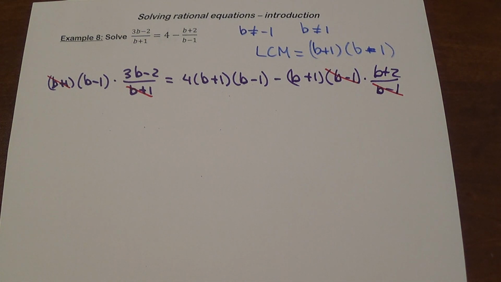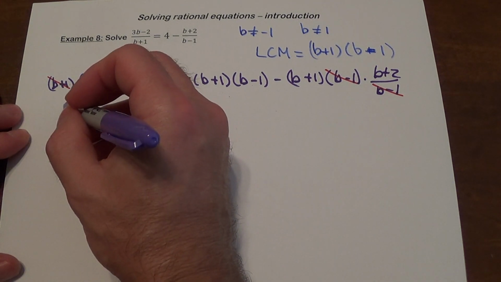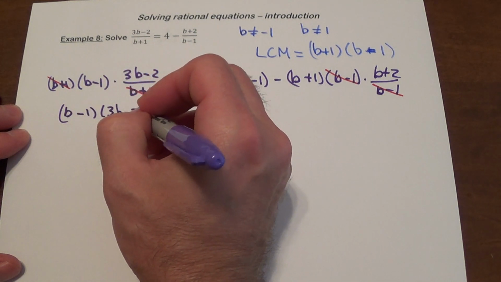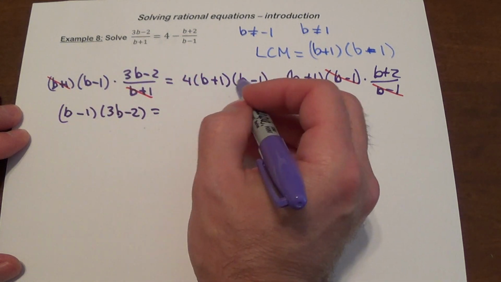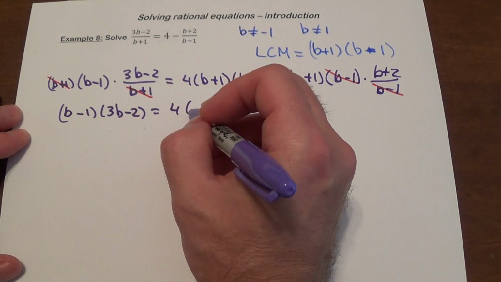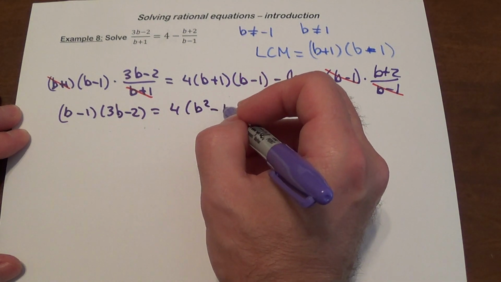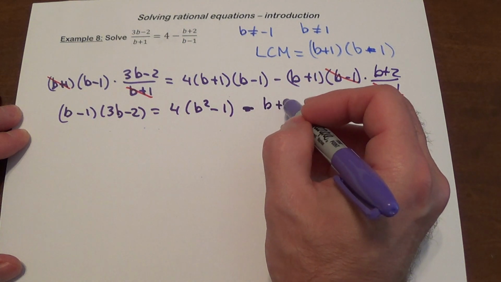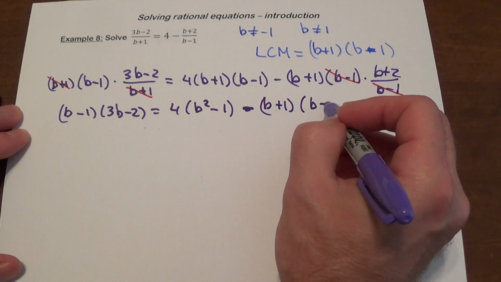After that, all our fractions cleared, and we can just go ahead and multiply. So here we're going to have b minus 1 times 3b minus 2. Here, I can multiply these two together. I hope you recognize this is a difference of two squares. This is going to be b squared minus 1, minus, and here we have b plus 1 times b plus 2.